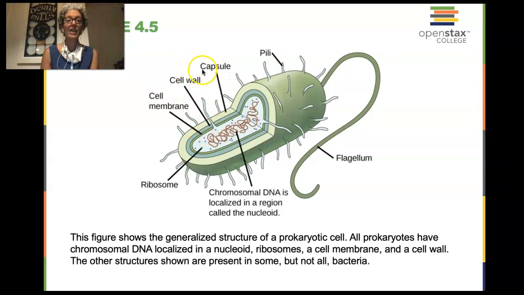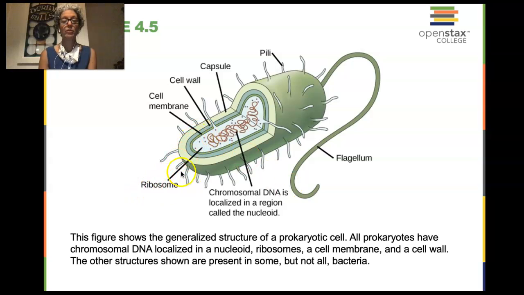They might have a capsule, which is a gooey, slimy carbohydrate layer that is outside the wall. They may have pili, those projections that stick off and help it to stick to other cells, including host cells. They may have a flagellum. They may have more than one flagellum, many flagella, and that is used for movement.